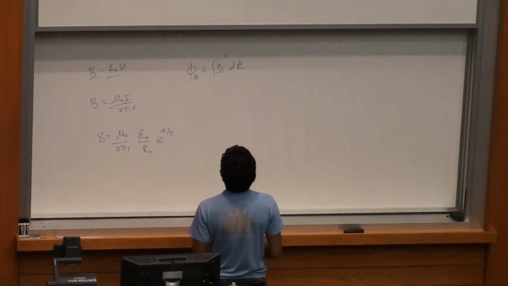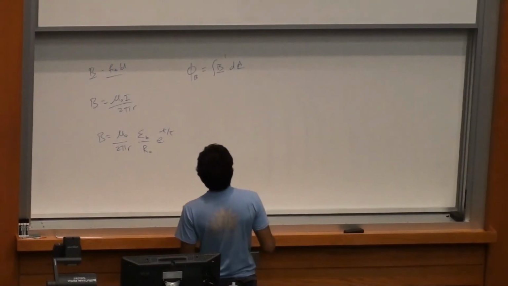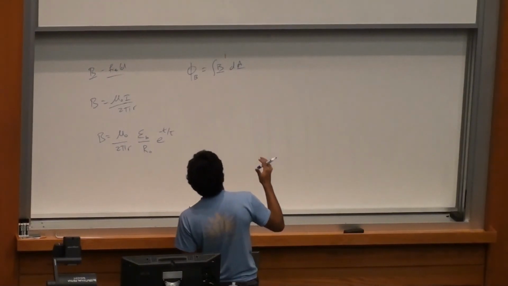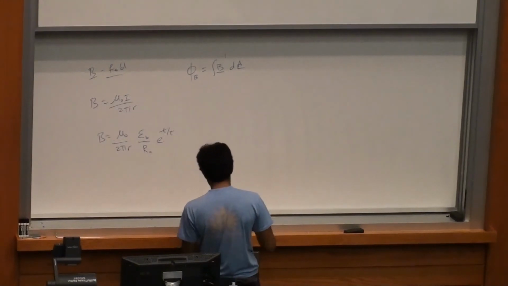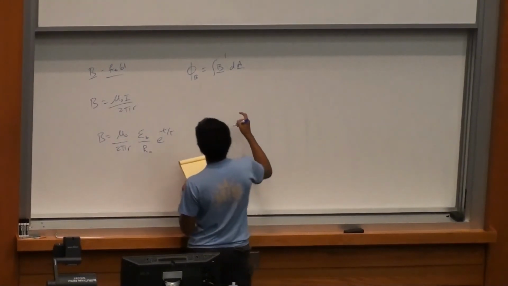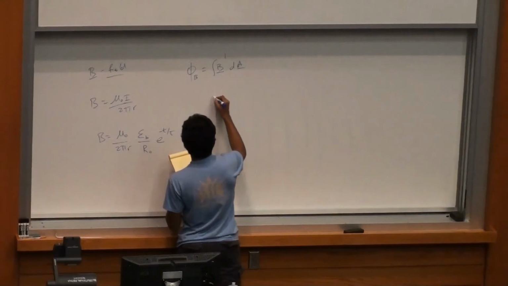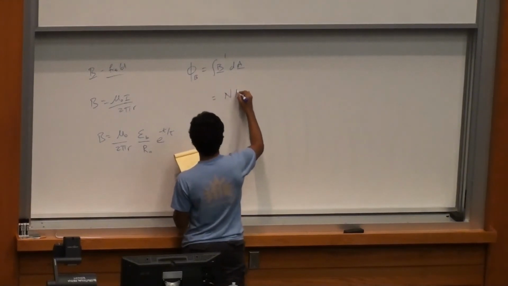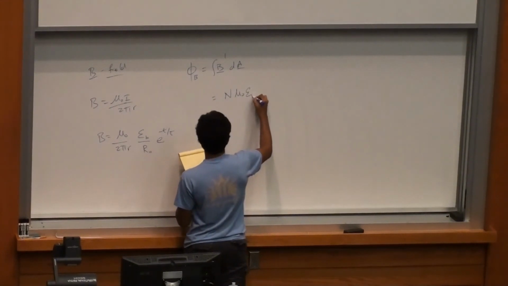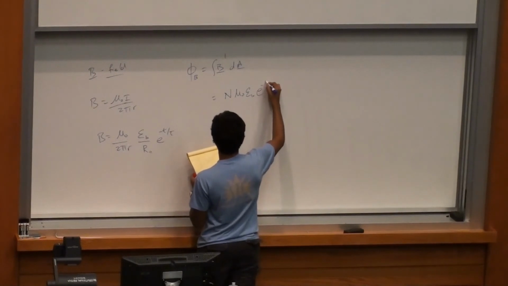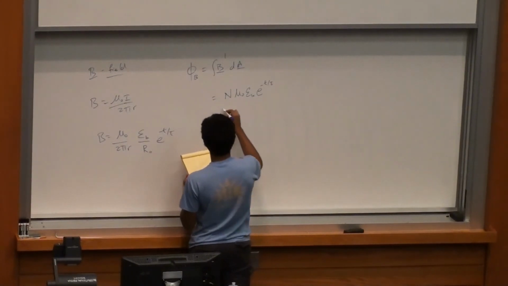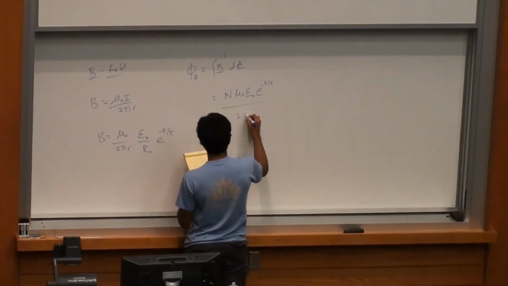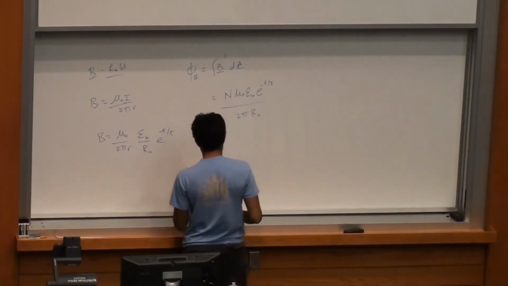So for that, the dA vector is obviously going to be, well, we'll say it's coming out. And of course it has N turns, so this is going to be equal to N mu naught EB e to the negative t over tau over 2 pi R naught.